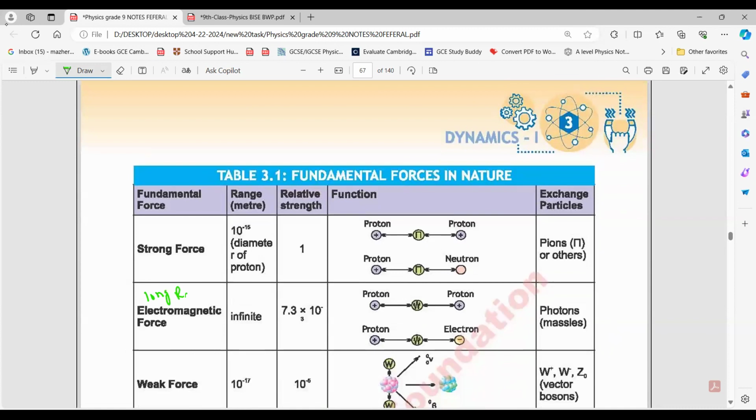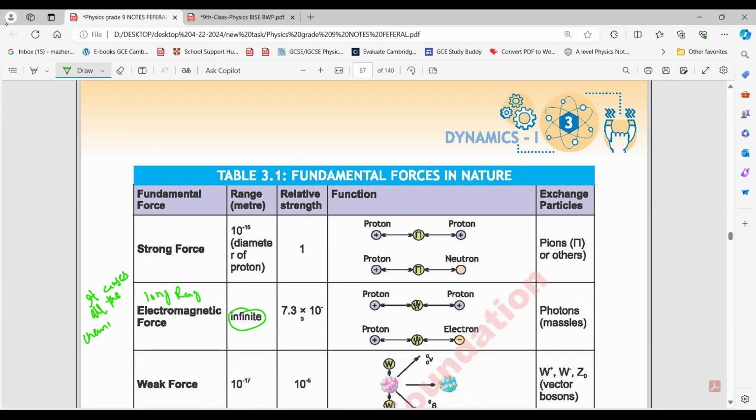Long range, infinite, as given by the table as well. It causes all the chemical reactions.